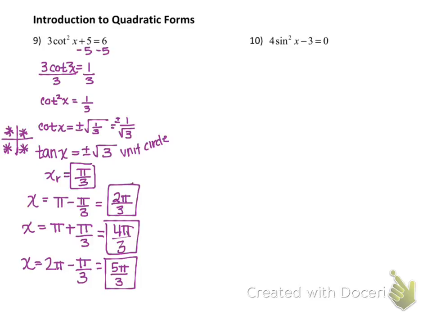So for number 10, we need to isolate sine squared by adding 3 and then dividing by 4. So this is going to be a calculator problem because there's no sine value for 3 over 4.